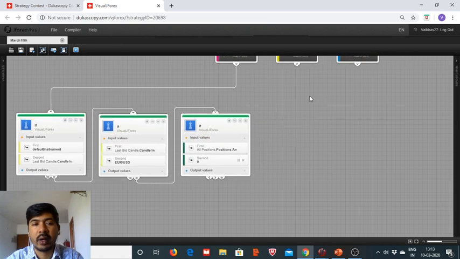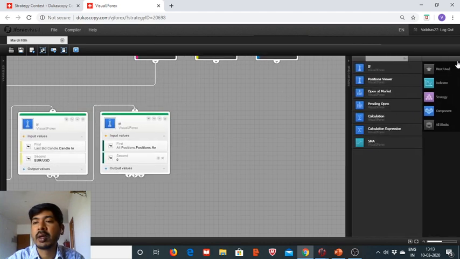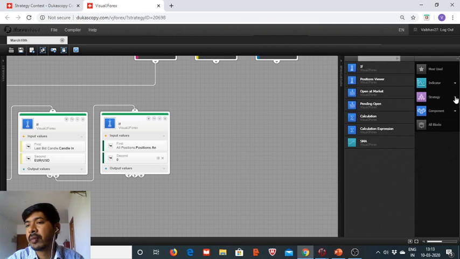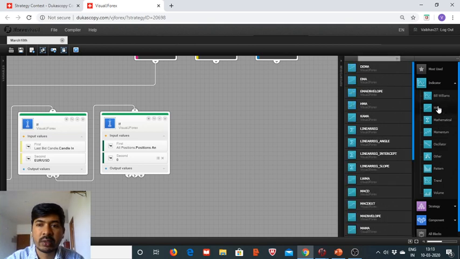Now we can start building our indicator blocks. We will bring in the components of indicator, and ours is MA, moving average, and we are going to use EMA.